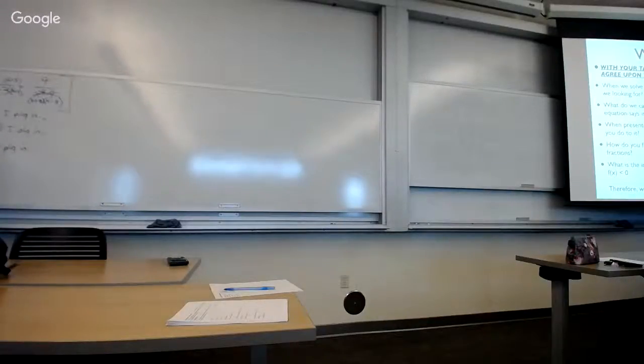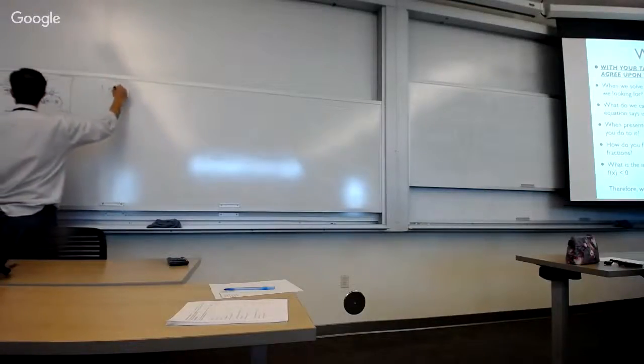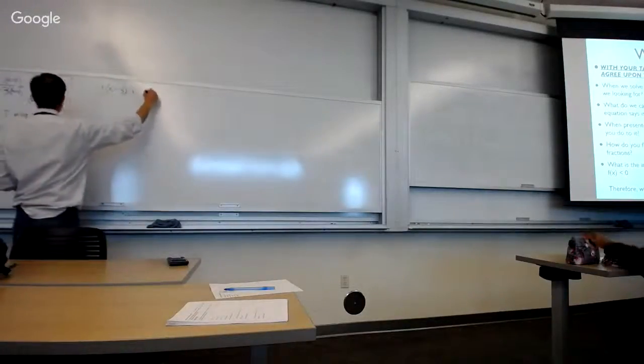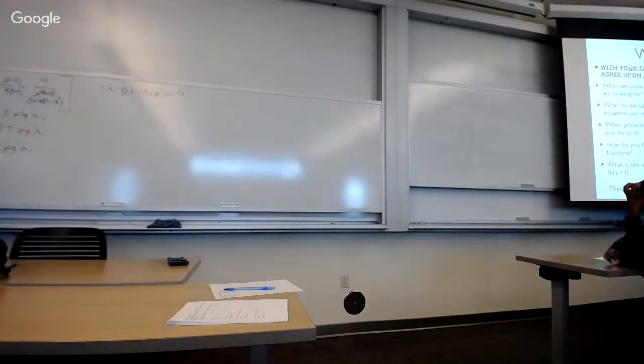One approach is to just equate the numerators. So I can say 1 times x minus 3 plus 1 times x plus 3 should equal 9. Once everybody has the common denominator, I set the numerators equal to each other.